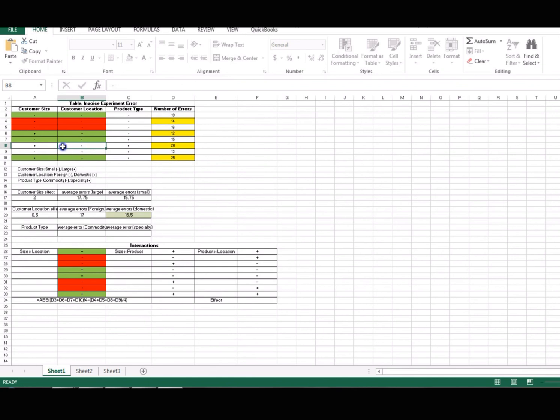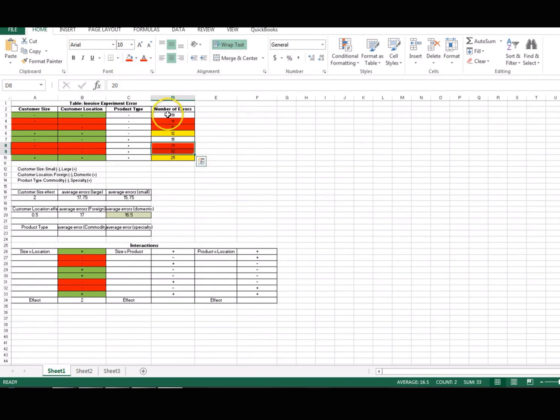Just for the sake of you visually seeing this, that's how this would look in terms of the numbers and how you will allocate the numbers respectively. You may have to look at this part of the video a couple of times just to make sense of it, because in our thinking structures, we really don't think this way. But there is your effect size for size and location. That's what that X represents, size and location.